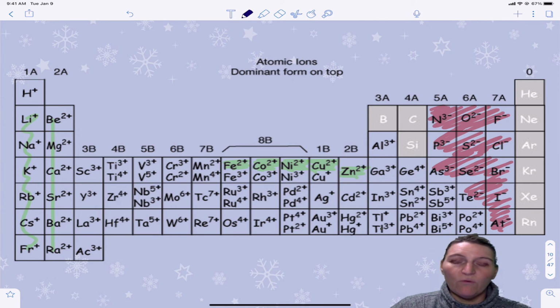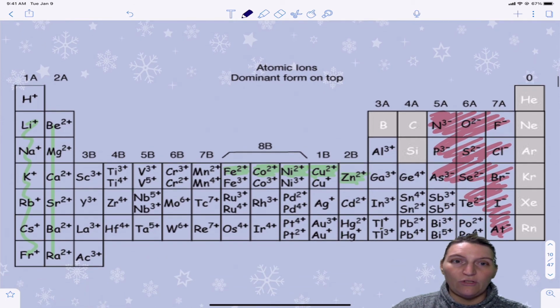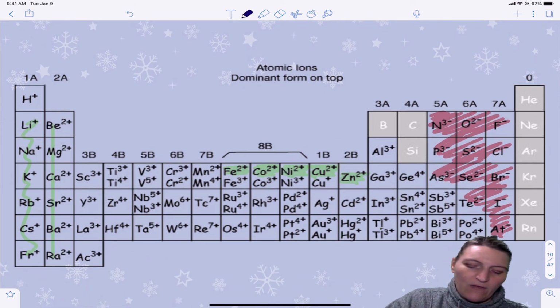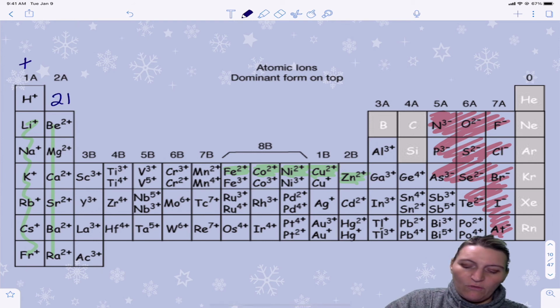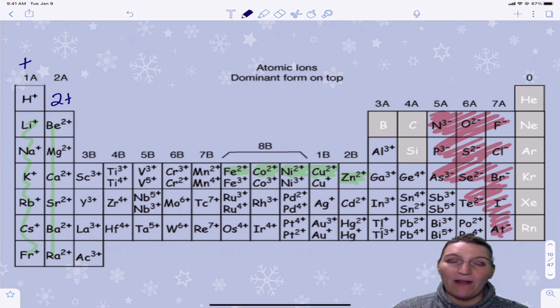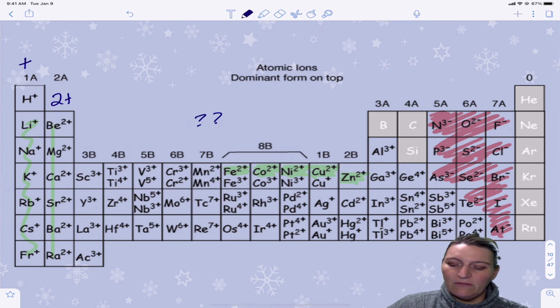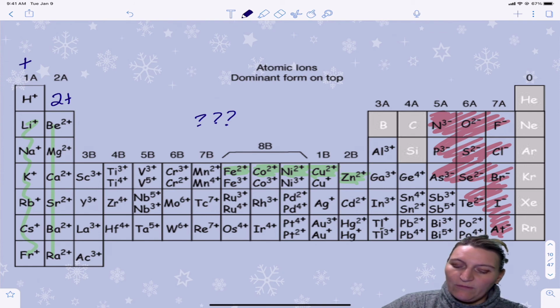So as a general rule, we can try and remember that since everything in group 1 has one valence electron, it forms a positive ion. Just +1, and we don't write it. Everything in the second group, the alkaline earth metals, forms a 2+ ion. And yes, we do write number and then the charge. In the transition metals, can't really say. Then we go to this group right here, group 13, aluminum's group.